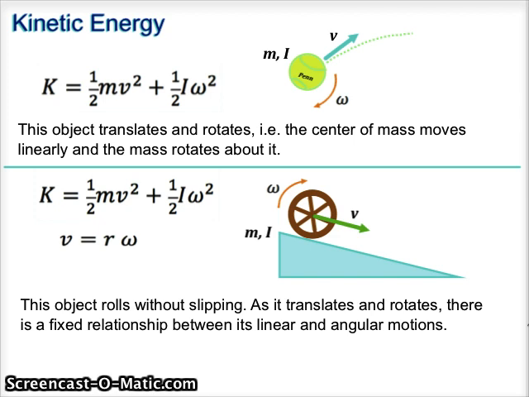It's that the linear speed v of the center of mass is equal to r times omega for the rotational motion. And again, this is going to be something that will be true for an object that moves through space and is rotating, but does it with contact with a surface so that it rolls without slipping.